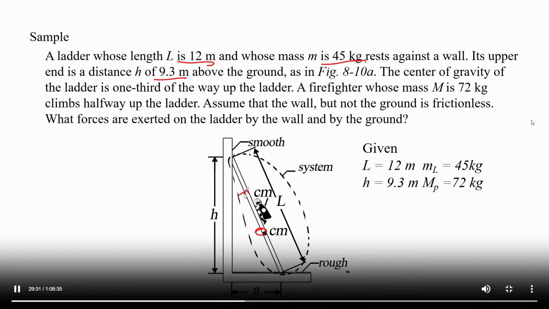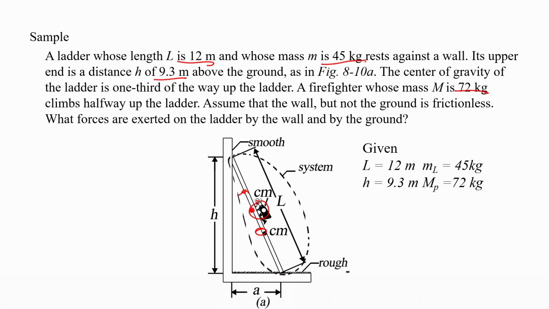If it is divided into 3, it is 1/3 of the way up the ladder. A firefighter whose mass is 72 kilograms climbs halfway, so she is at L/2. Assume that the wall, but not the ground, is frictionless. Okay? The wall is smooth, but the ground is rough, with friction. What forces are exerted on the ladder by the wall and by the ground?